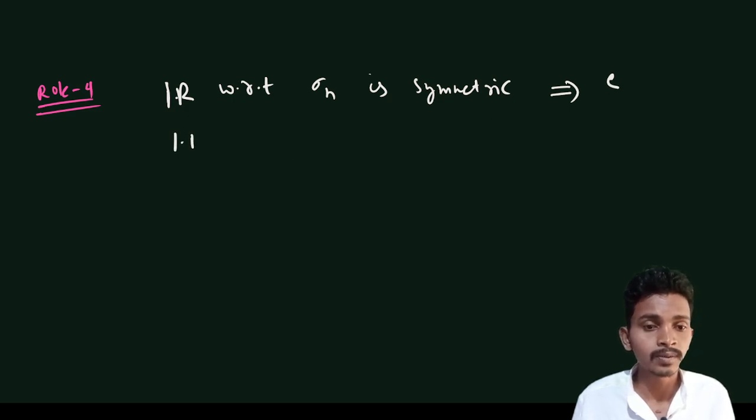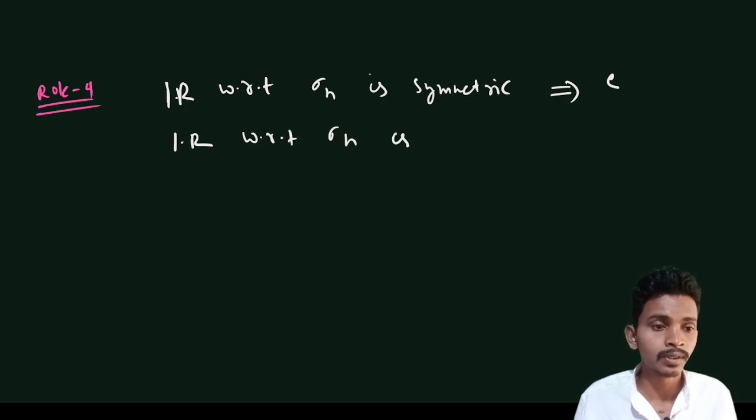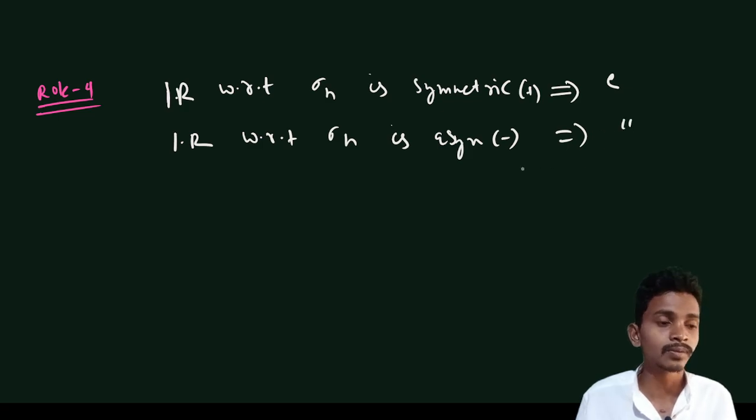And if the irreducible representation with respect to sigma h is asymmetric, that is negative, here this is positive, then we will use 2 symbols.